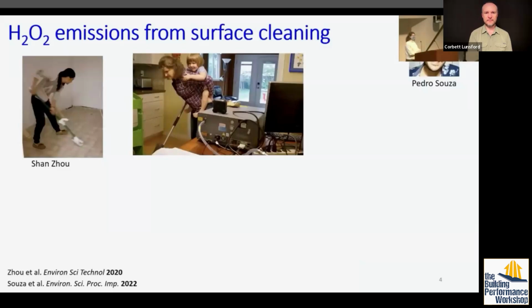Okay, so first of all, hydrogen peroxide is a common cleaning and disinfection tool, a very common alternative to bleach. And until recently, though, I mean, it sounds so obvious: if you use hydrogen peroxide-based cleaners on surfaces, you're probably going to get hydrogen peroxide in the air. The end.